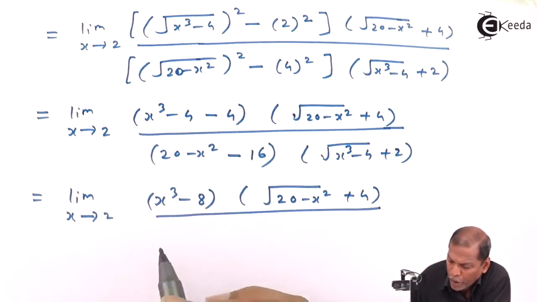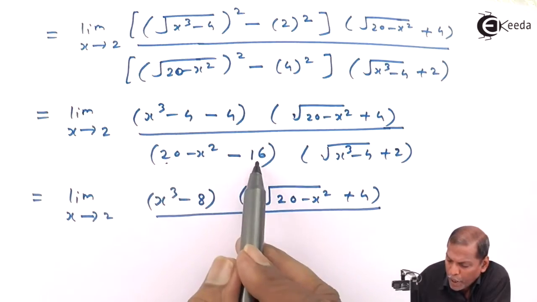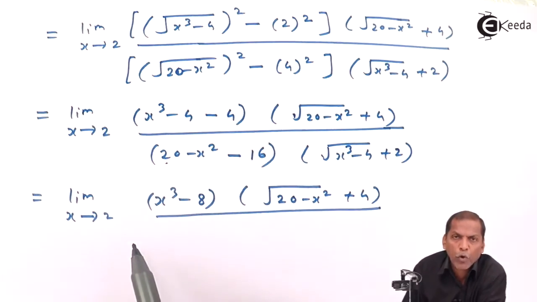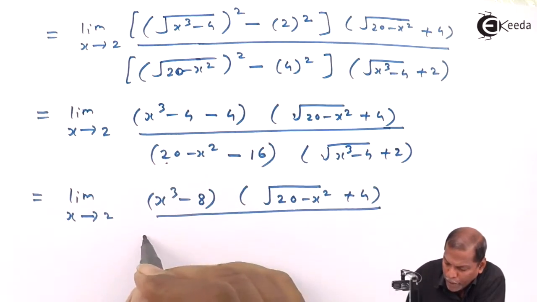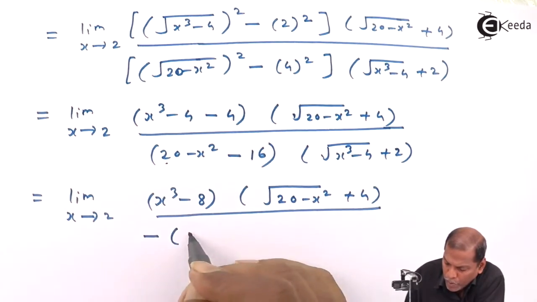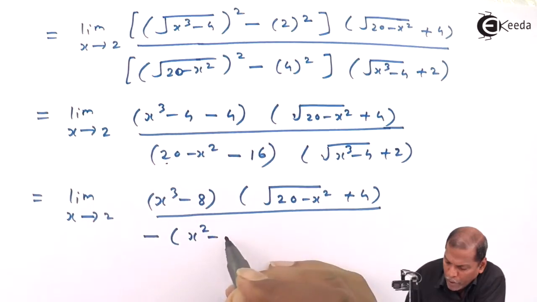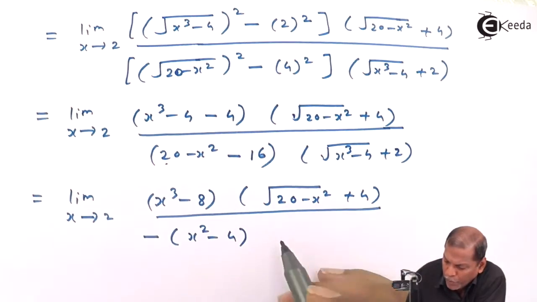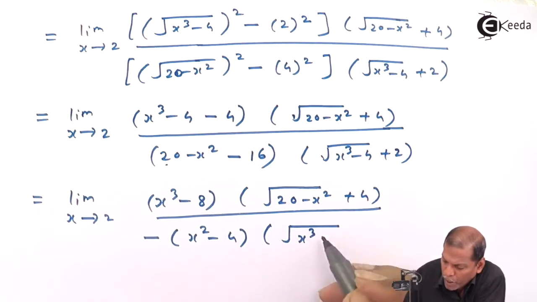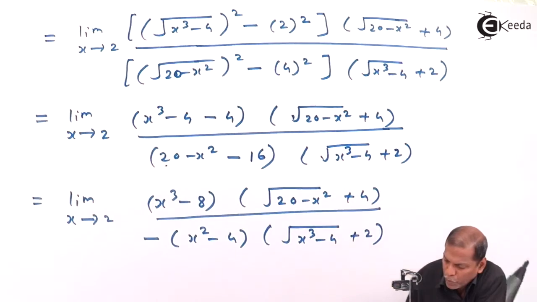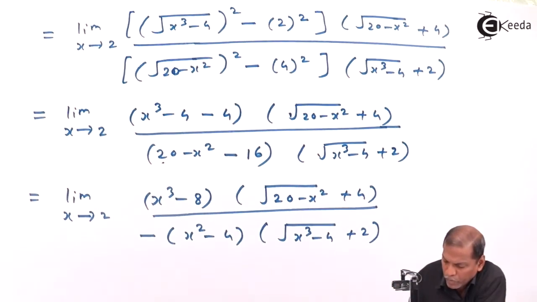In the denominator we have 20 minus 16, that is 4 minus x square. So from that we take the minus sign common. So in the bracket we have x square minus 4, and the second bracket, square root of x cube minus 4 plus 2, we write as it is.